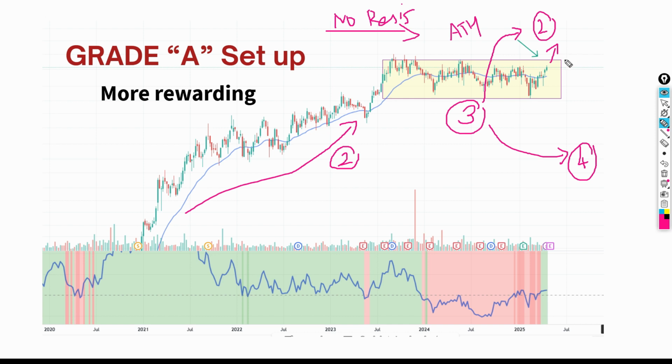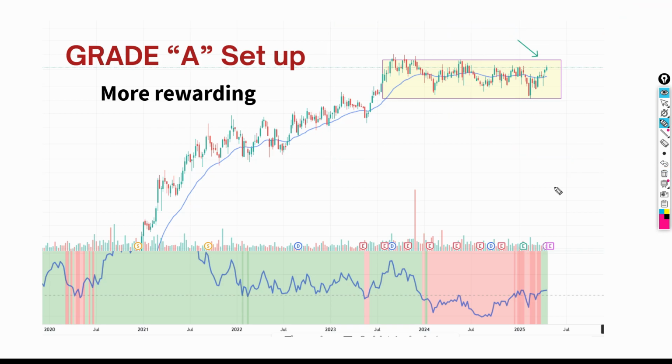The stock has no resistance and it has the ability to run. That is what I want to tell. And as the stock breaks out, you have to see the volume picking up and the RS becoming positive. Then this can be a good top pick for your watch list. Again, not a recommendation.